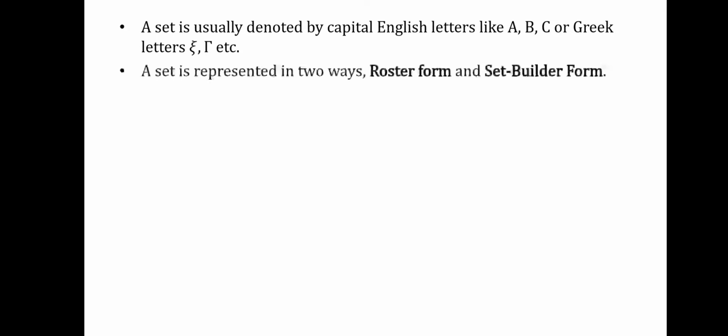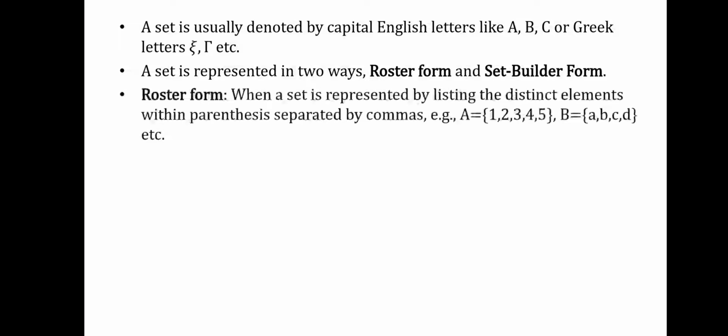Then, a set can be represented in a roster form or in a set builder form. So what is a roster form? Roster form means if I enlist the elements of the set within 2 second brackets, that is the roster form. And set builder form, if I write the unique correspondence.